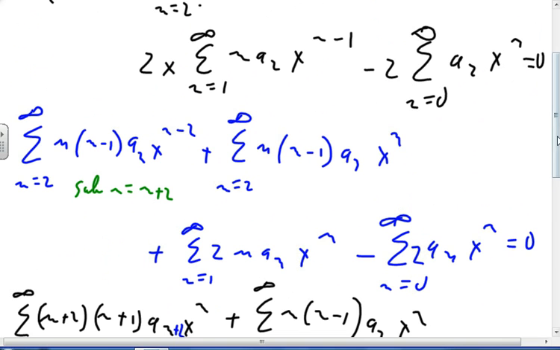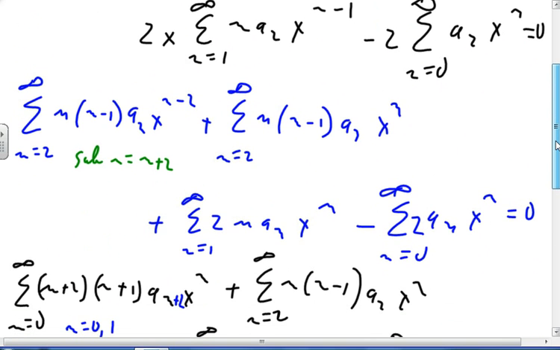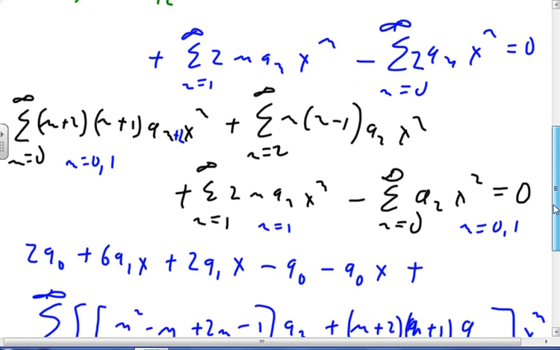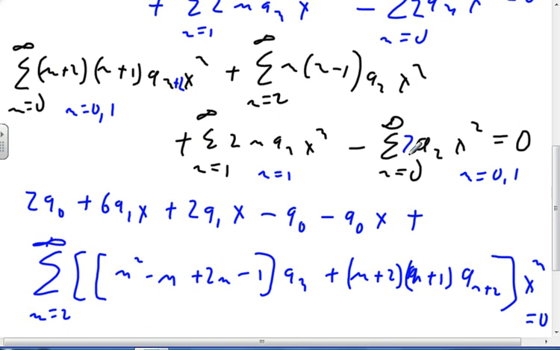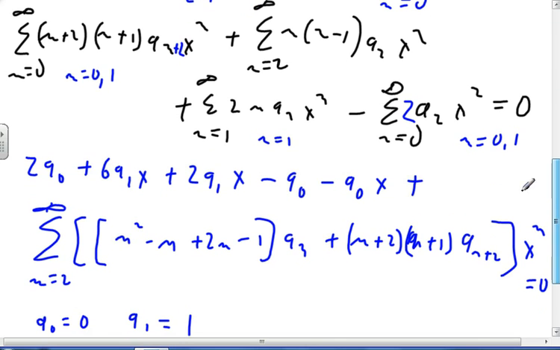Is that the one you're complaining about? That's what I was wondering about. Yeah, so that 2 that should be there, that 2 that should be there, that 2 that should be here, and should be there, but that's a 1. Is that better?